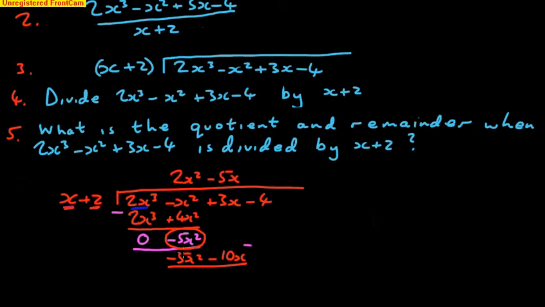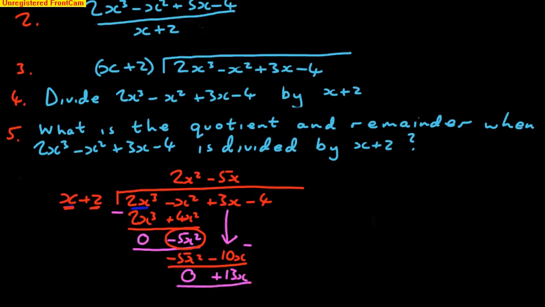Minus 5x squared minus minus 5x squared is nothing, which is what you expect. The 3x should be in line with the 10x. This is all the x column, and 3x minus minus 10x is the same as 3x plus 10x, which is plus 13x. And that's my subtraction done.